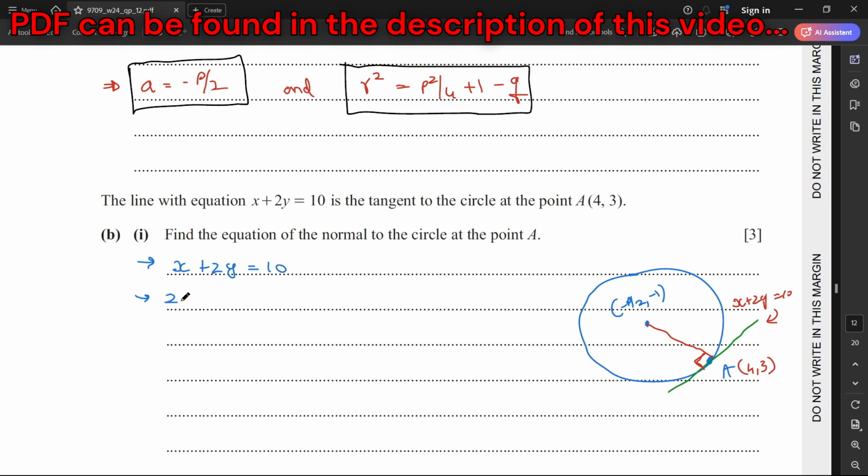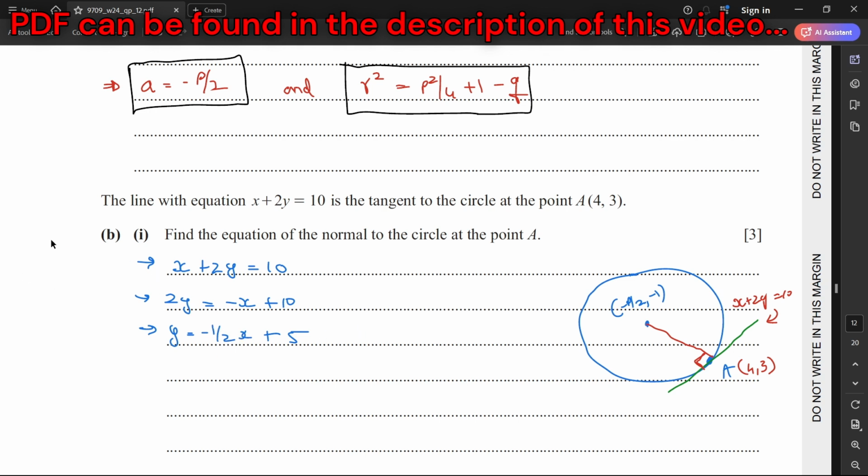So it is going to become 2y = -x + 10, and then if you divide by 2 on both sides, you're going to get y = -1/2 x + 5. So if -1/2 was the gradient for the tangent line at the point A, then the negative reciprocal will be the gradient for the normal line at point A. So the negative reciprocal of -1/2 is what?